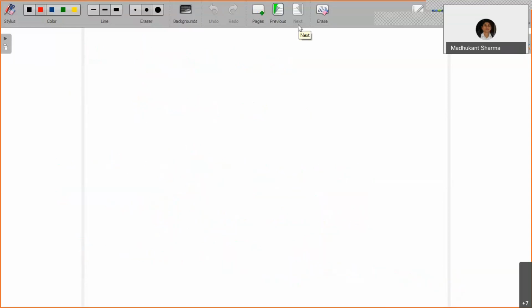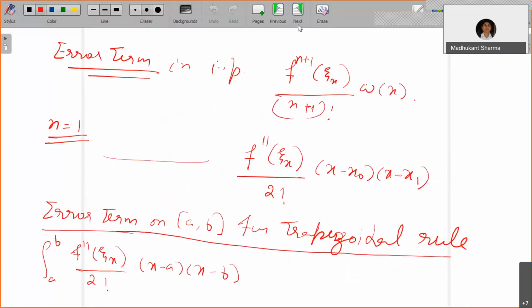Now, in the trapezoidal rule, you are assuming that the second derivative is continuous. So if the second derivative is continuous, there exists some point c such that the second derivative at c, over 2 factorial, times the integration from a to b of (x minus a) into (x minus b) dx.